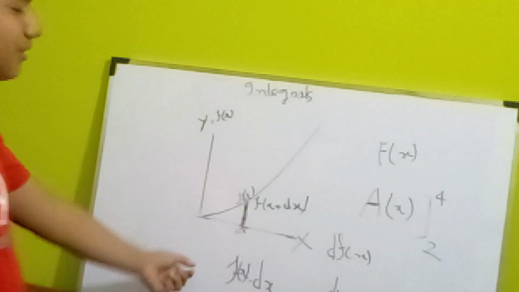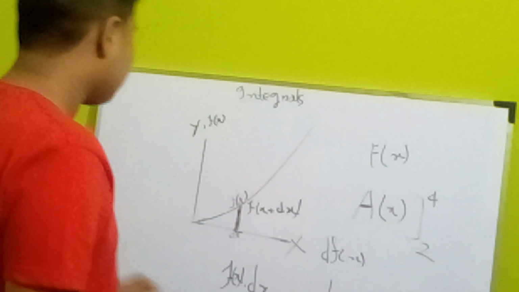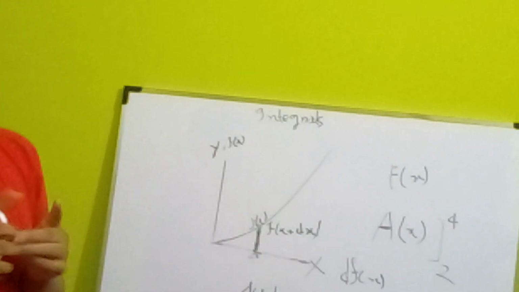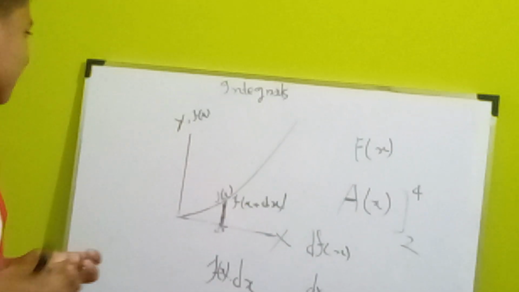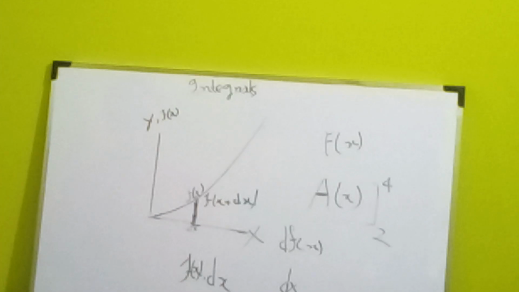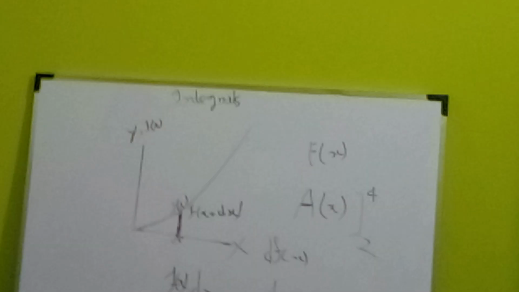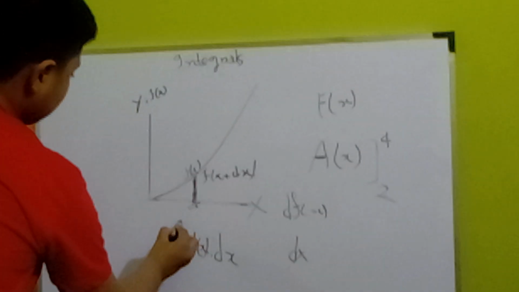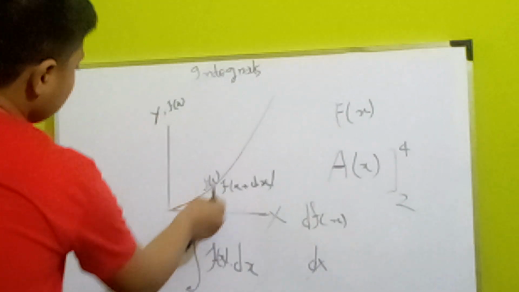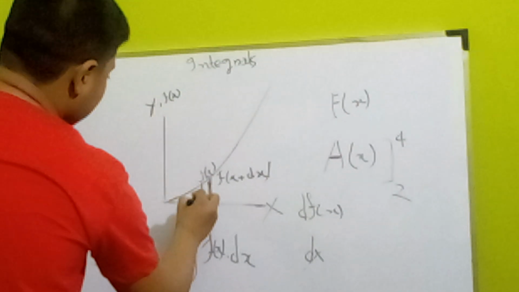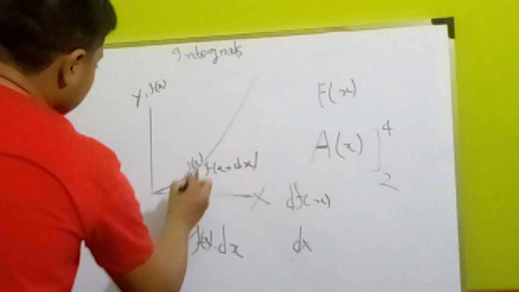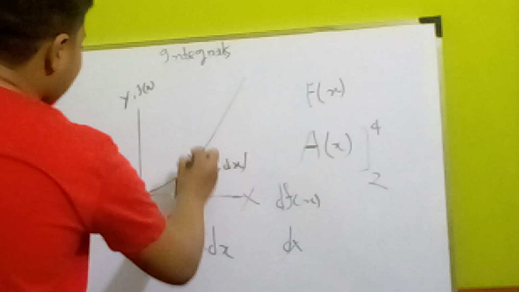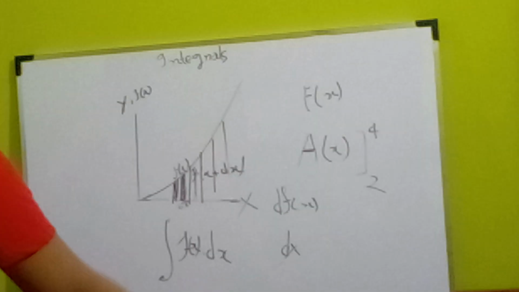But we're not interested in this little thing. This is very, very tiny, tinier than a single strand of hair. So what we'll be doing here is sum all these things. We're gonna take another one here, another, and add up all these areas to get this.